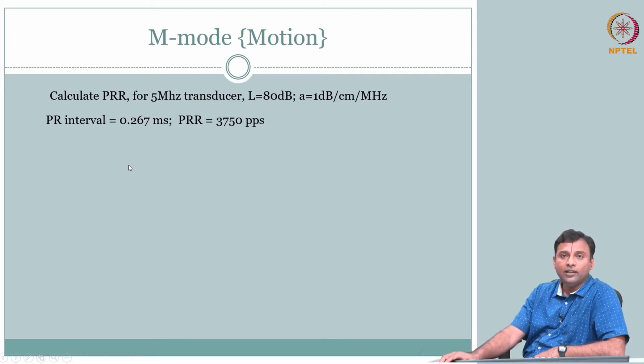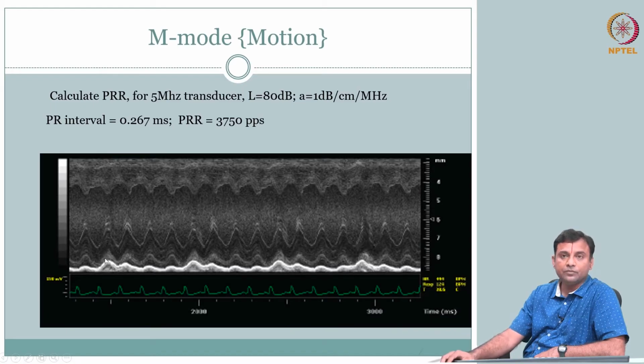How will it look if I do it such that along the path there is a heart or something that is moving? So you will get an image. This is one A line. So what is the difference? In amplitude mode, I showed you the envelope.